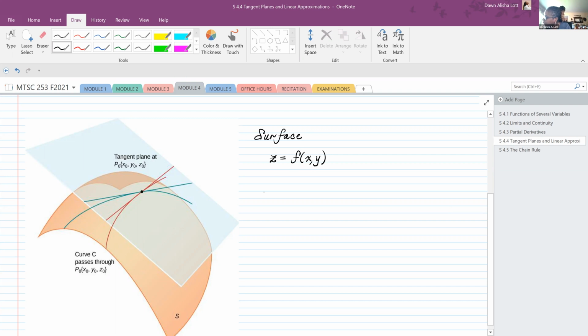So at the point x naught, y naught, and z is f of x naught, y naught, we can find the tangent plane to the surface.